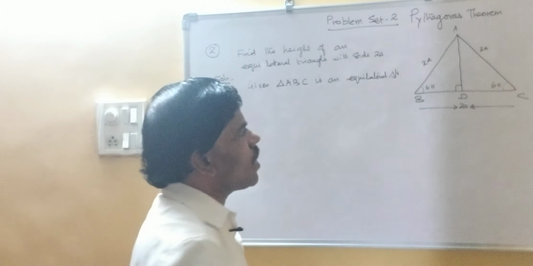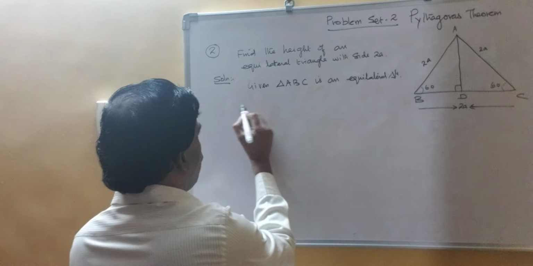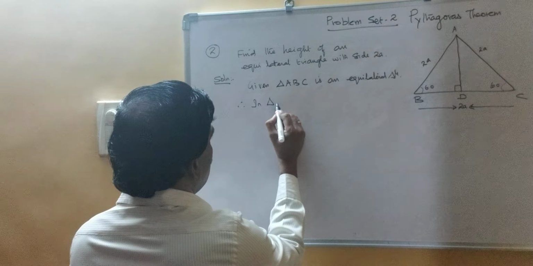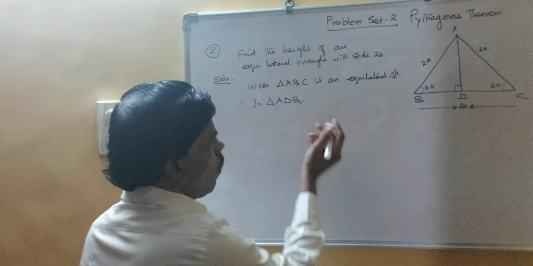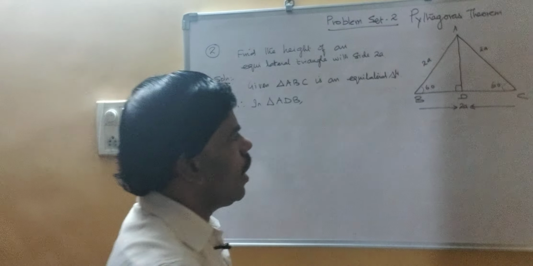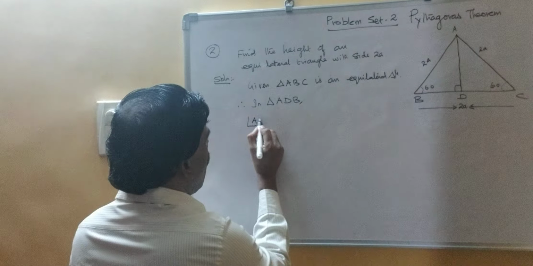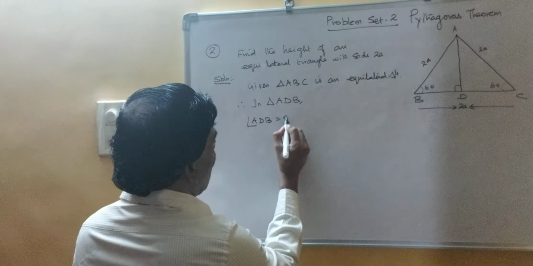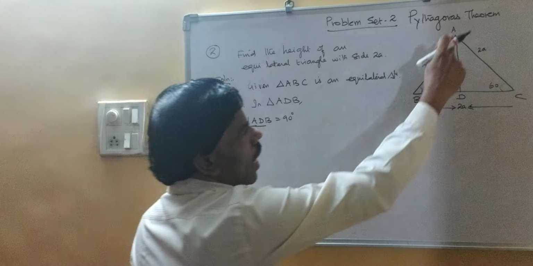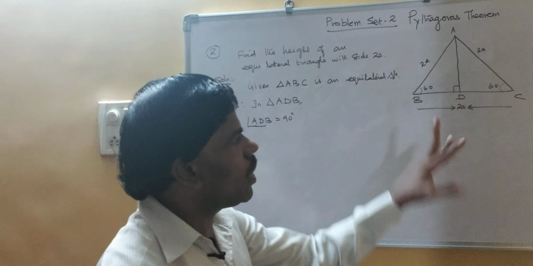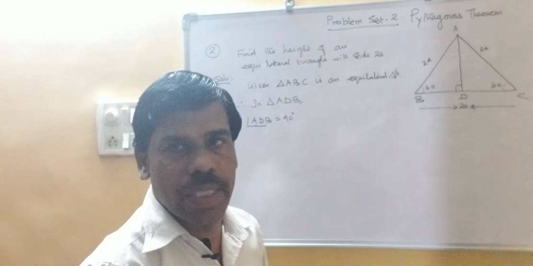Now look at this triangle ADB. In triangle ADB, what about this angle ADB? Angle ADB is 90 degree. Why? It is an altitude or perpendicular drawn to the side BC. So it is 90 degree.